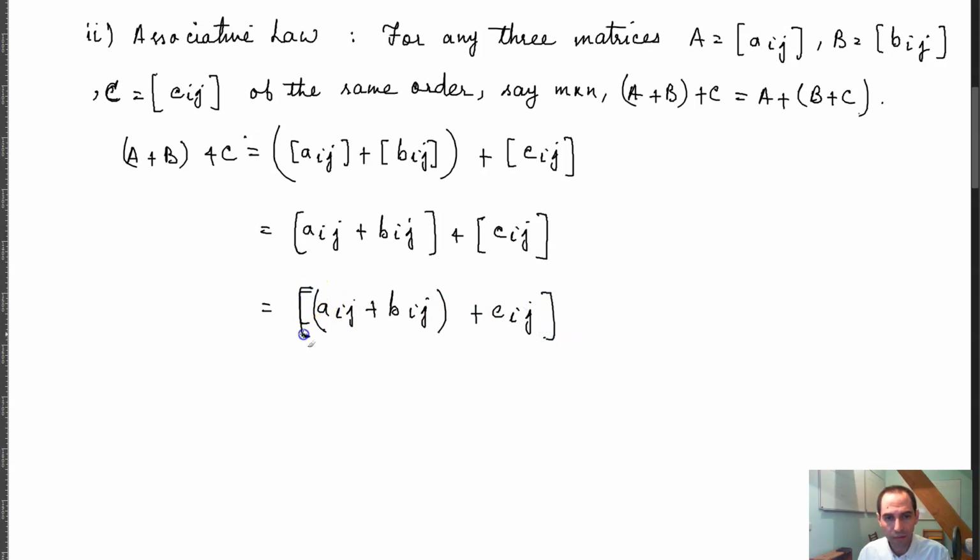And since that is the case, you can write this as the same matrix, A of ij plus B of ij plus C of ij, but then write it this way.